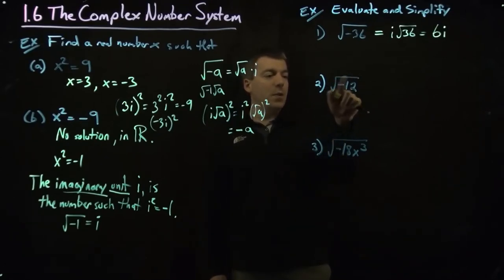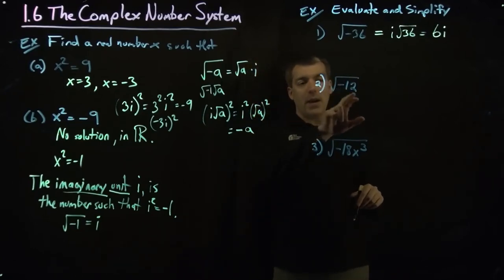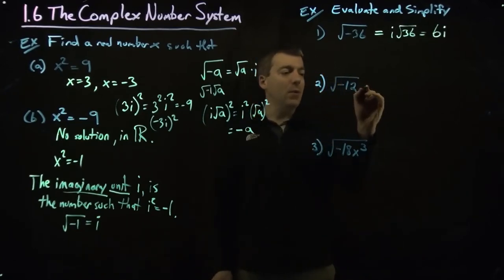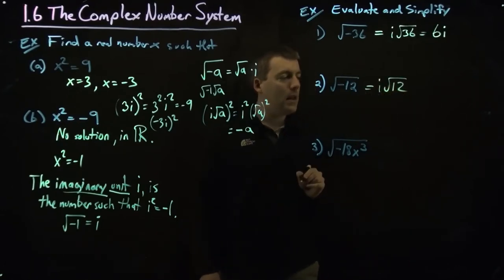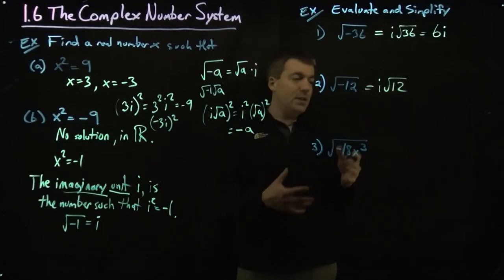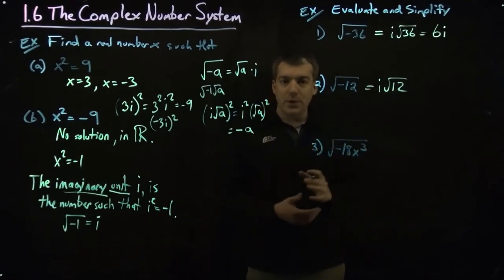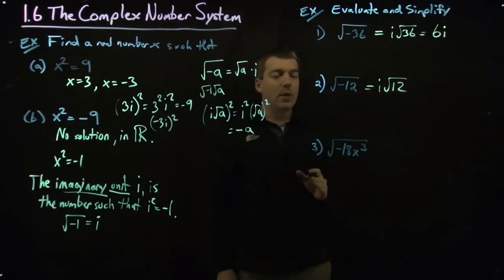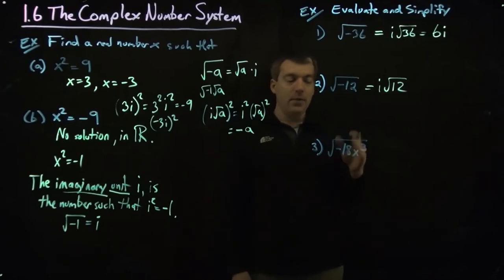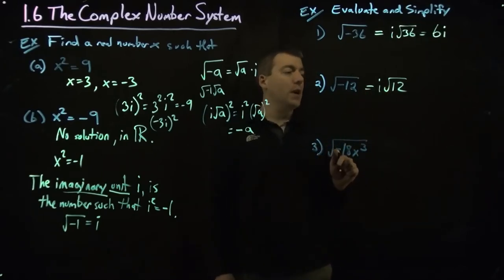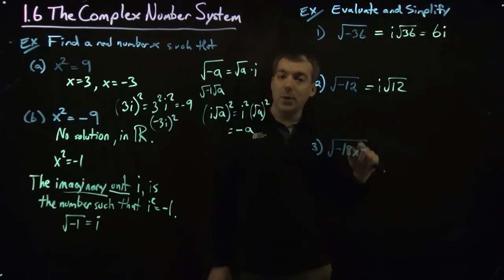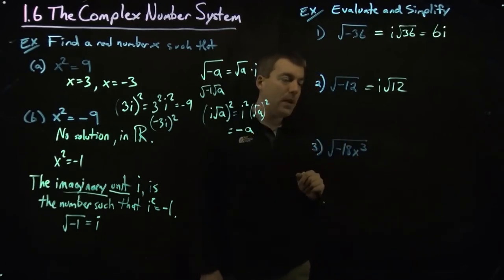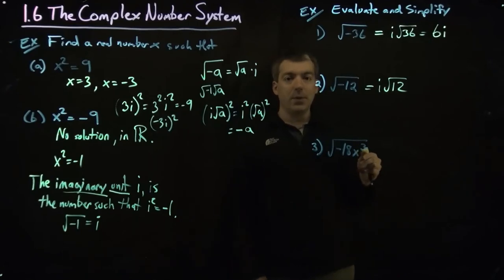So we've got the square root of negative 12. Again, we're taking the square root of a negative number, so that must immediately be rewritten as i times the square root of 12. And then we should always simplify a square root as much as we can. Here we'll look for perfect square factors of 12. 12 itself is not a perfect square, but 12 does contain a perfect square factor, 4. 12 is 3 times 4.